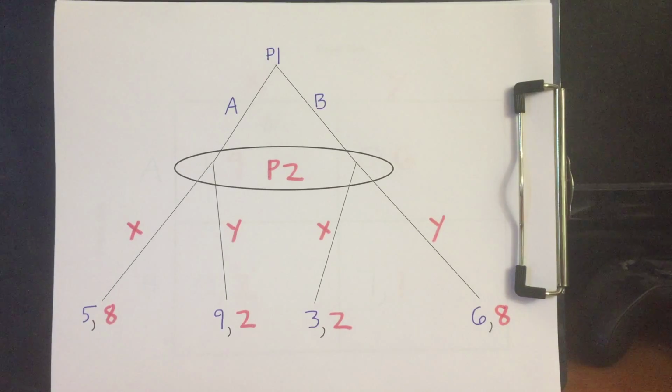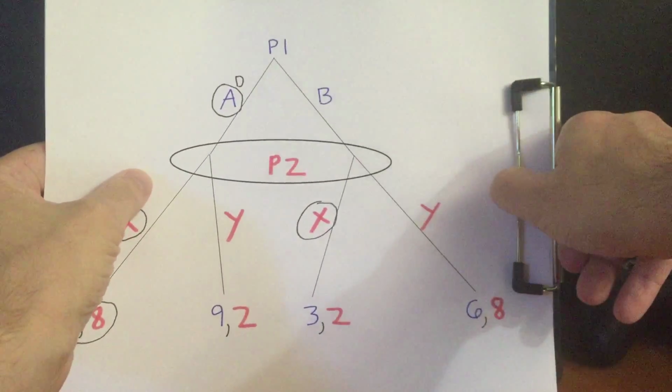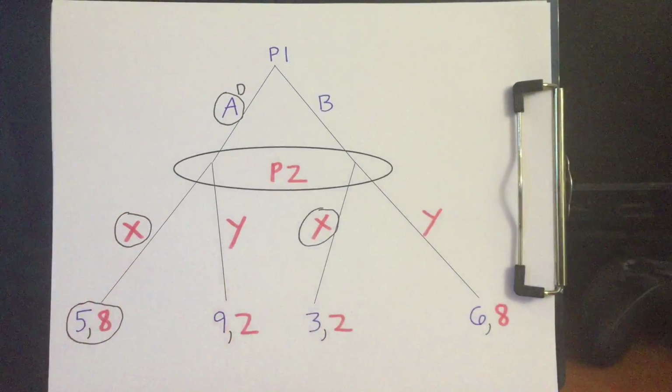All right. Now, I think we can solve this game by recognizing that A is a dominant strategy for player 1. See, player 2 cannot condition her move on what player 1 does.